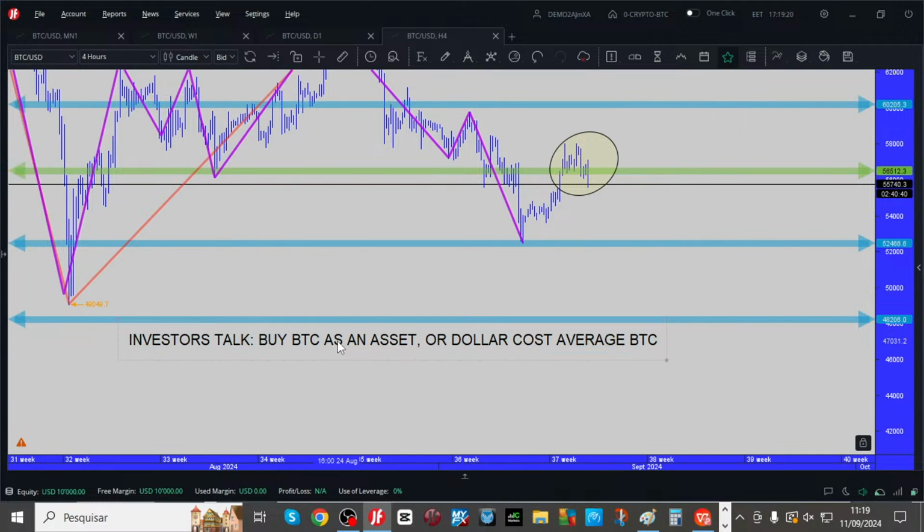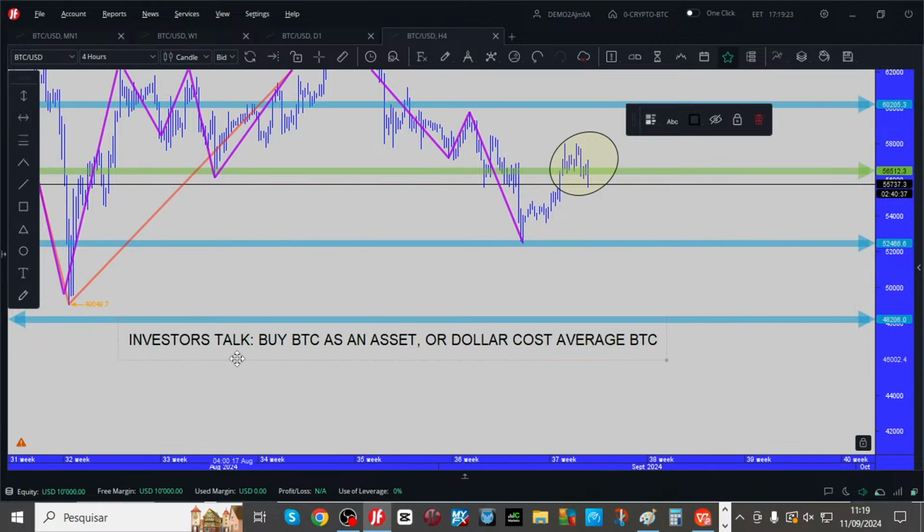Okay, everybody? This is investor stock. Buy Bitcoin as an asset or dollar cost average Bitcoin.